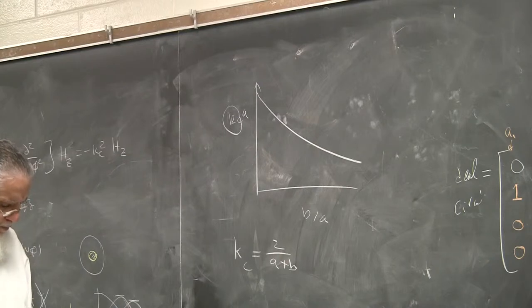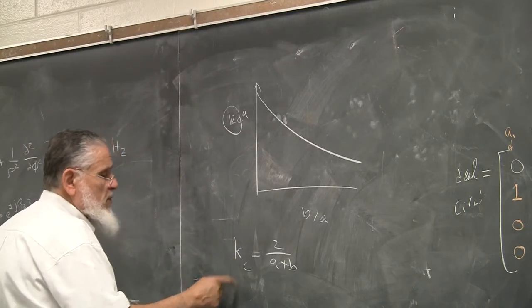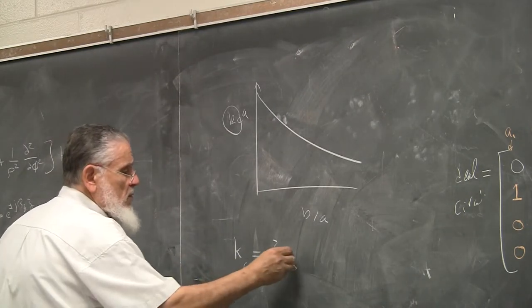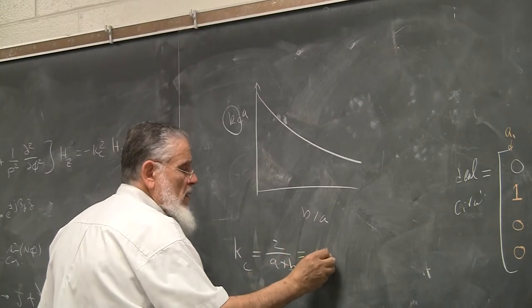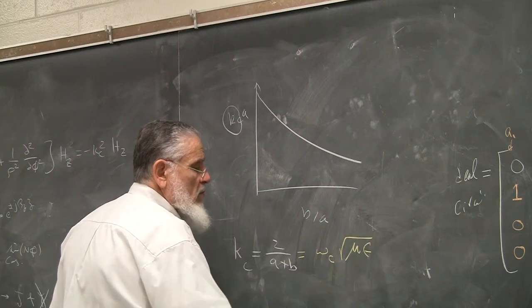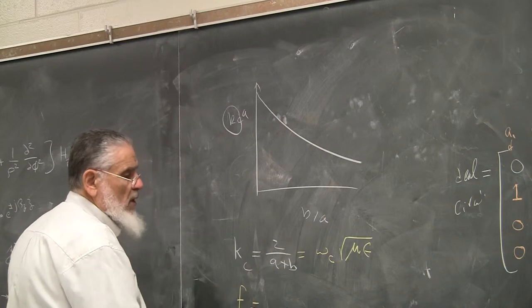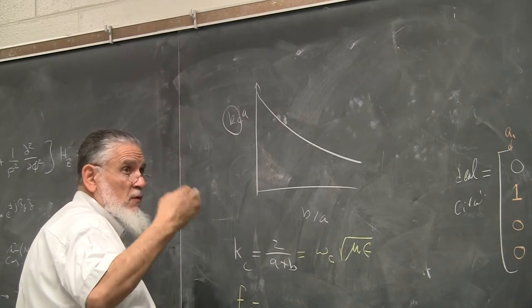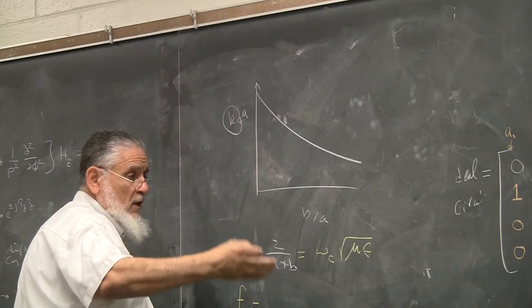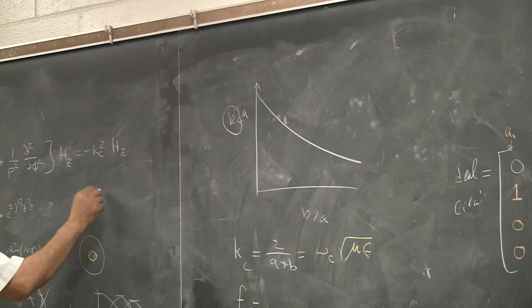So K sub c is related to f sub c. So if you write that as omega c square root of mu epsilon, you can get f sub c in this case, which is the first cutoff for the higher order mode. The dominant mode or the lower order mode will be the TEM.